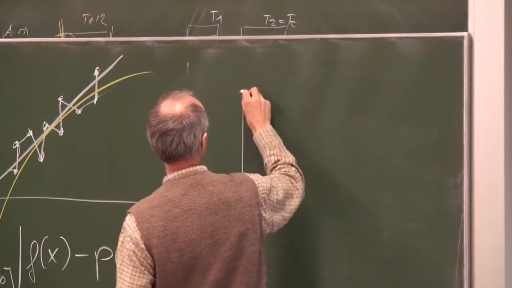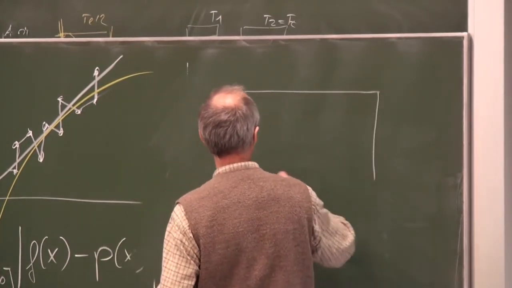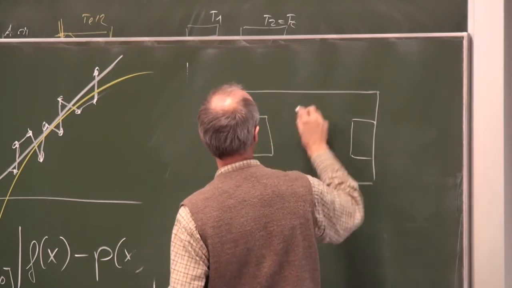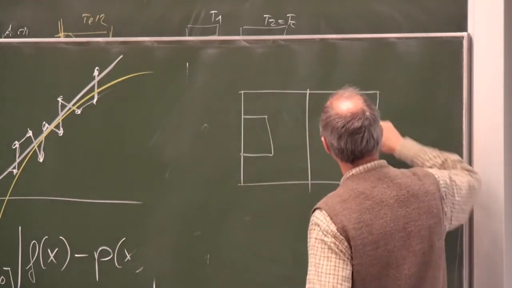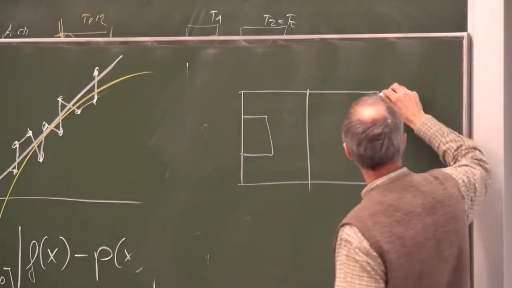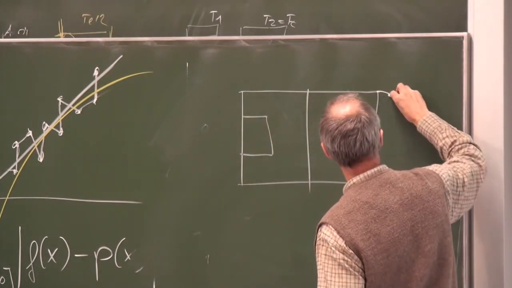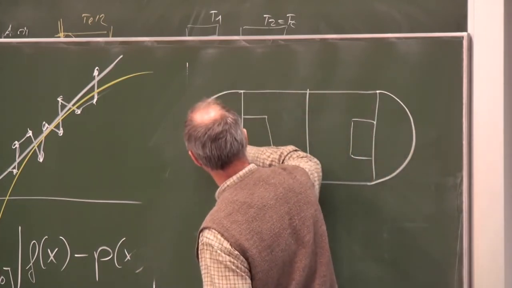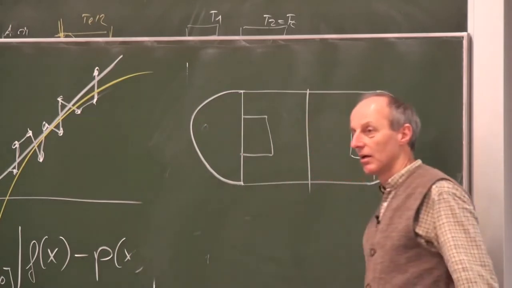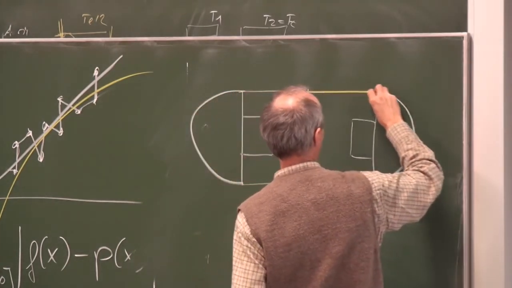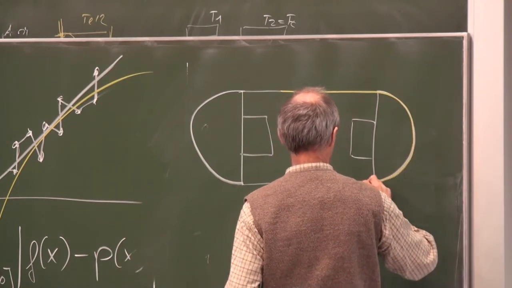There is this rectangle in the middle, which is the soccer field, and then there is this running track around it. We have a half circle here and a half circle here.